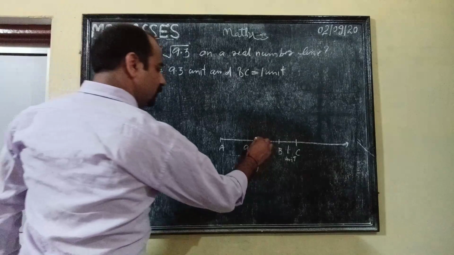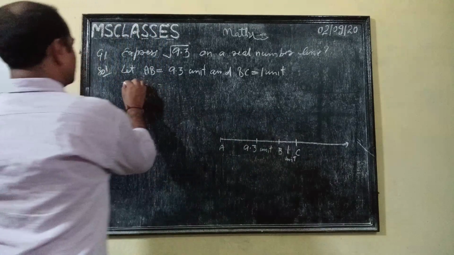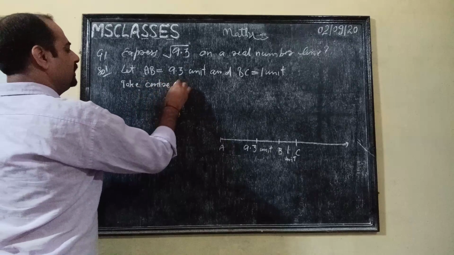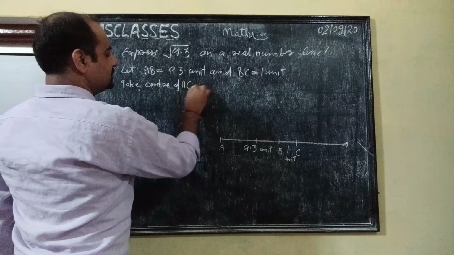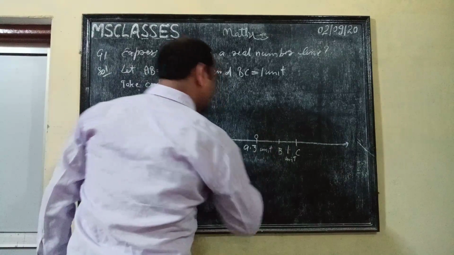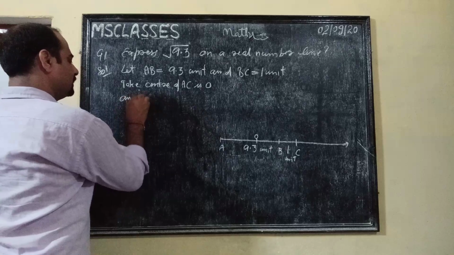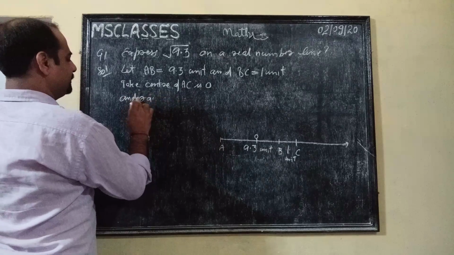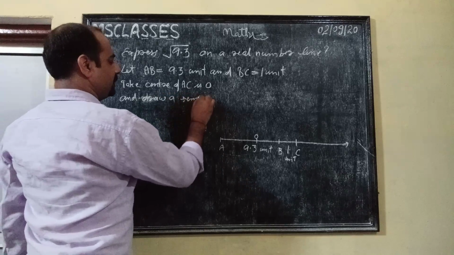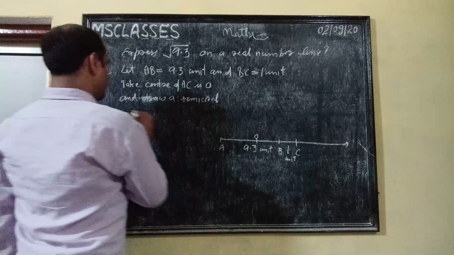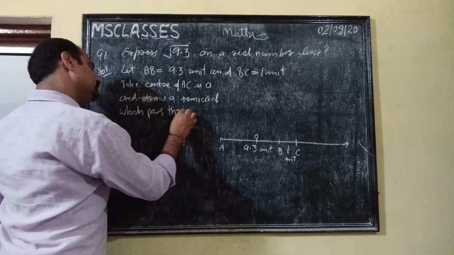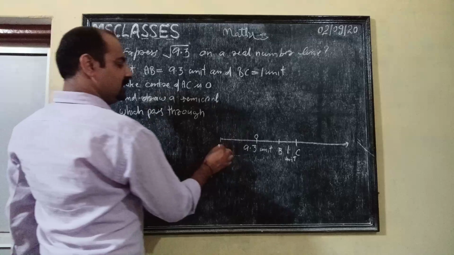Now let us take a center O. Take center of AC is O and draw a semicircle which pass through AC.